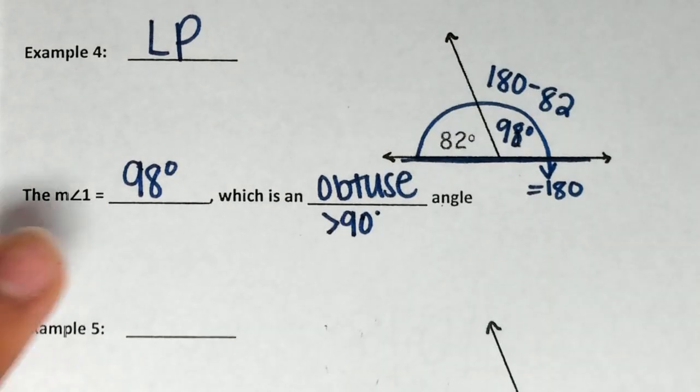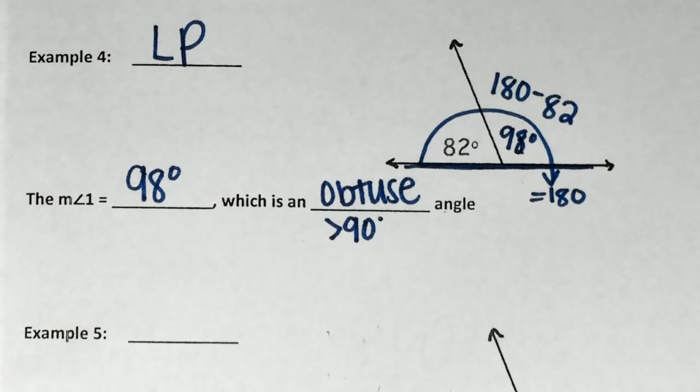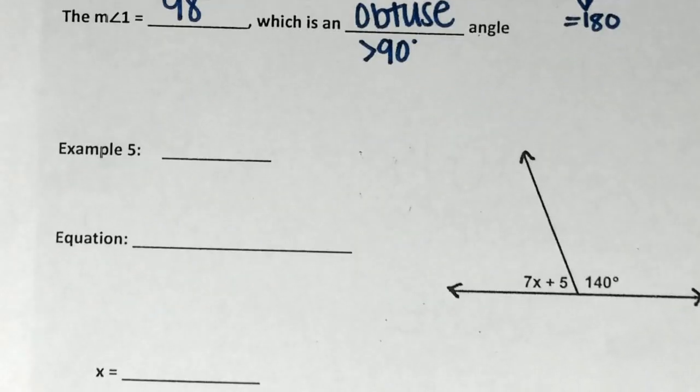Because it's greater than 90. Obtuse is greater than 90, and this is 98 degrees. Are we okay with this? This is a quiz question you're about to have.